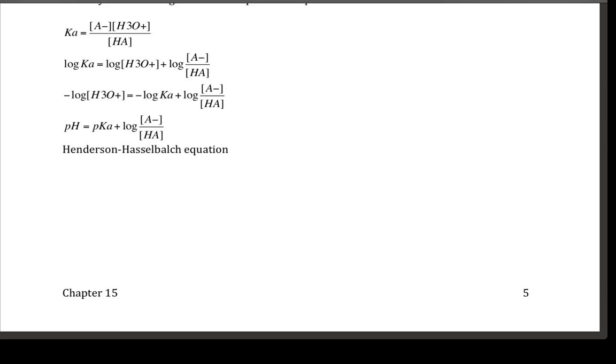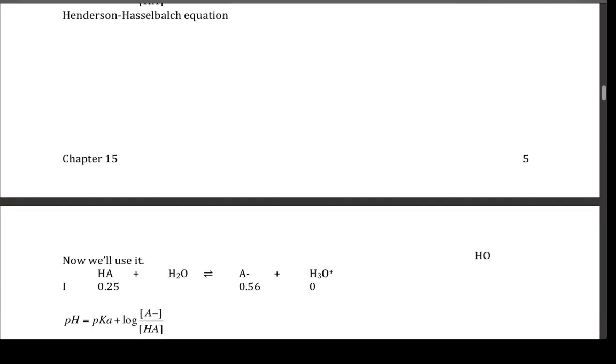And we recognize that the negative log of H3O+ is pH, and the negative log of Ka is pKa. So we have pH equals pKa plus log of A minus over HA. That is the Henderson-Hasselbalch equation. Okay, so now we're going to use it.